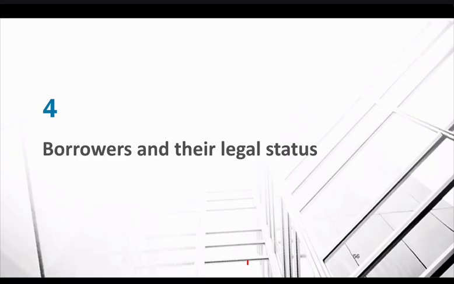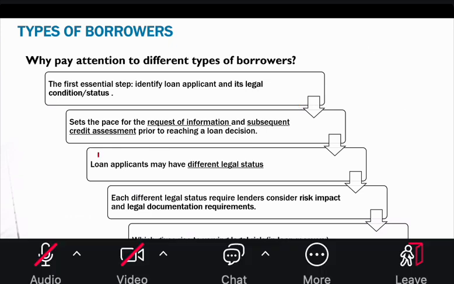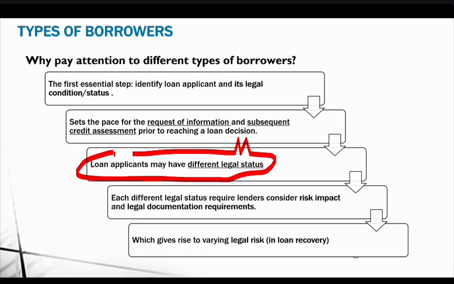Now here will be the borrowers and their legal status. Just to recap, why we look at different types of borrowers from a legal point of view is because different types of loan applicants may have different legal status.